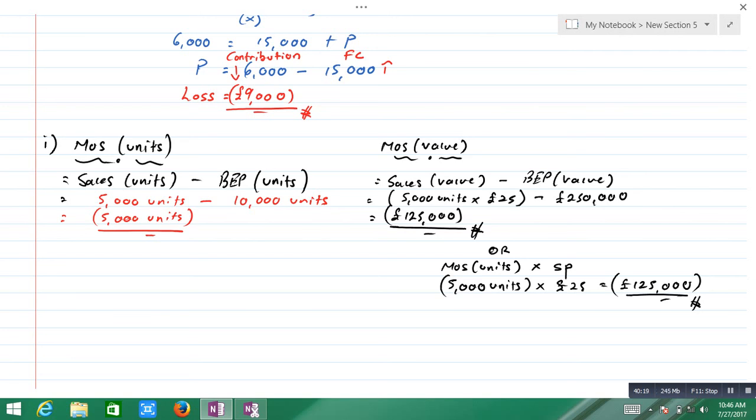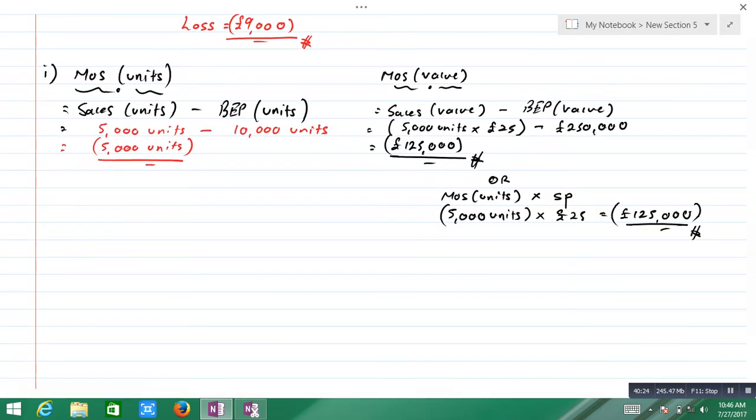So next, our last required, J, is the sales value needed to be sold to achieve a profit of 9,000. So this is basically again, but they want sales value, so therefore we need to use targeted sales value.